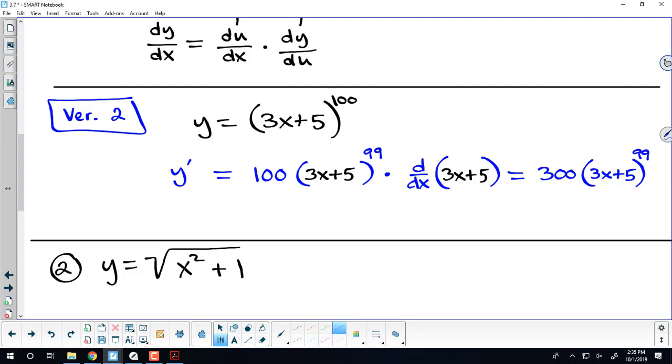So again, the derivative of the outside, where the inside is left alone, then you multiply all of that by the derivative of the inside.